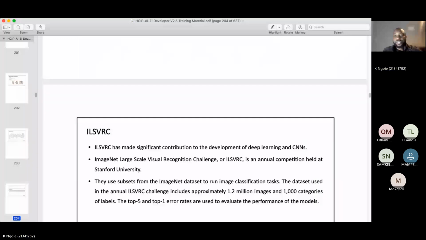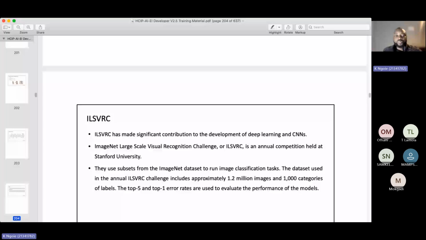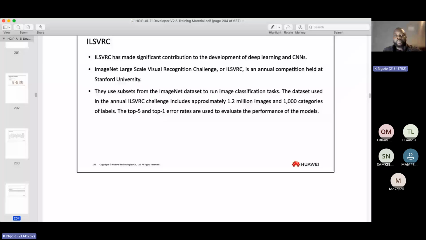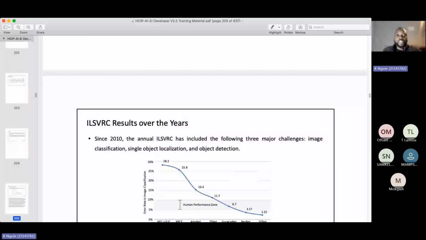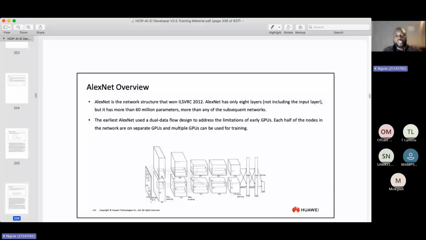All right. So we've had so much development in terms of deep learning. As years go by, there are new technologies coming in.